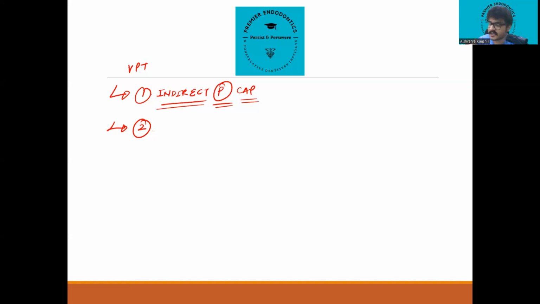The second situation is the caries is not deep, but while doing cavity preparation, there is an iatrogenic exposure. So the second would be the direct pulp cap.